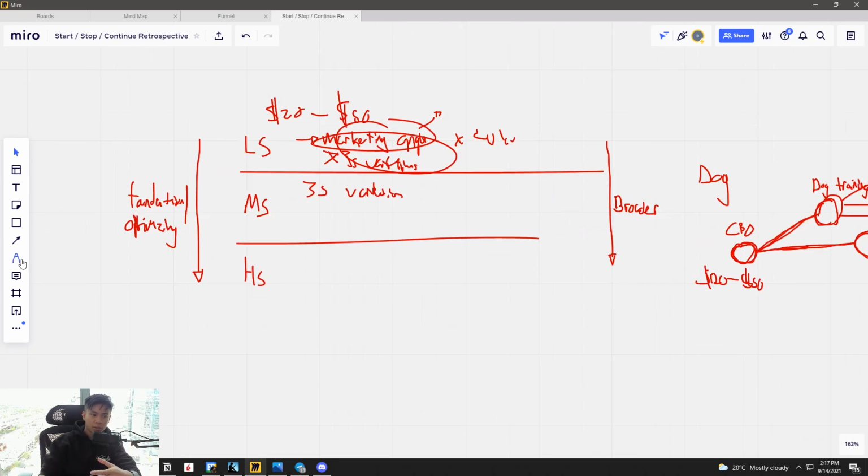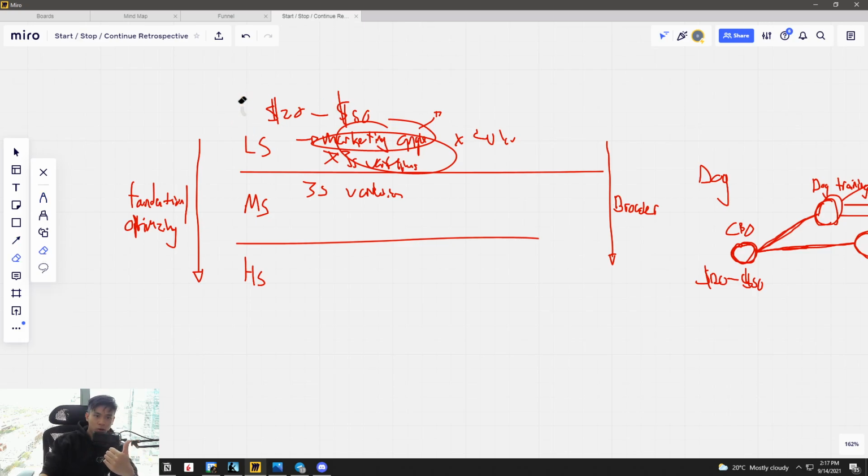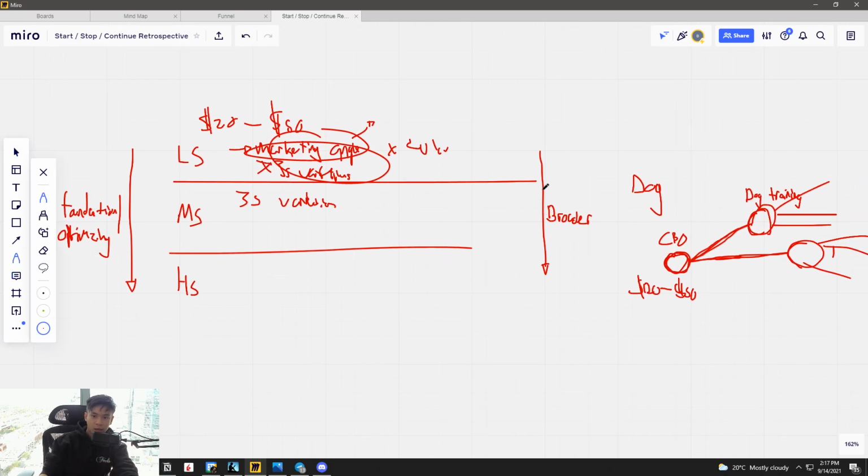A lot of people start right here in the 3-second variation. They test variations weirdly. They really don't put much effort into honing in on the message they offer, which is what they really should do. And that's going to have the biggest impact on your ads. Then as you scale, you can go broader. You're more optimized, the message is way more clear, so go broader.